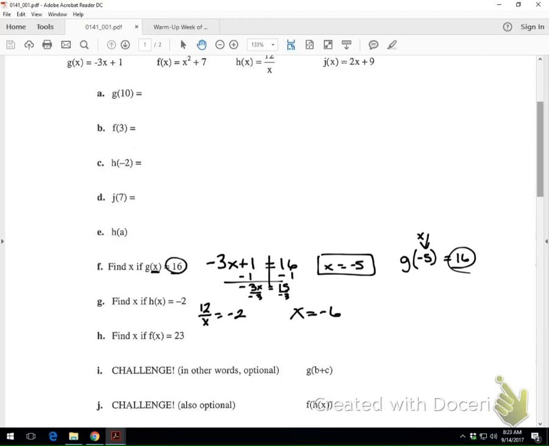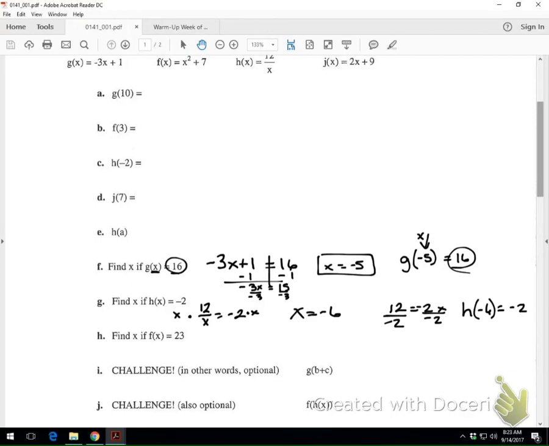Or you could do this: multiply by x to each side, and you get 12 equals negative 2x, then divide by negative 2 on each side. x equals negative 6. So that's saying h of negative 6 equals negative 2.